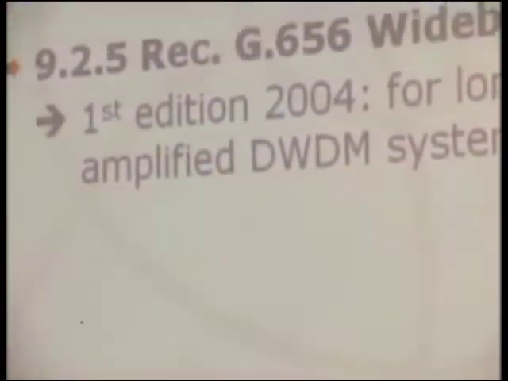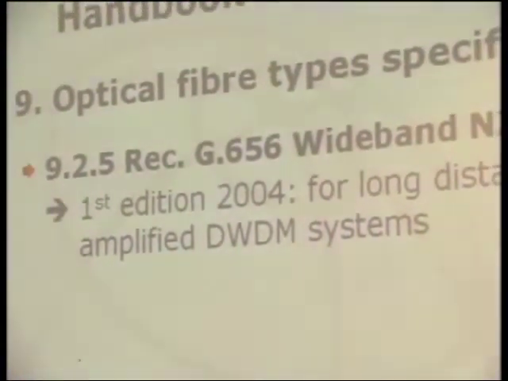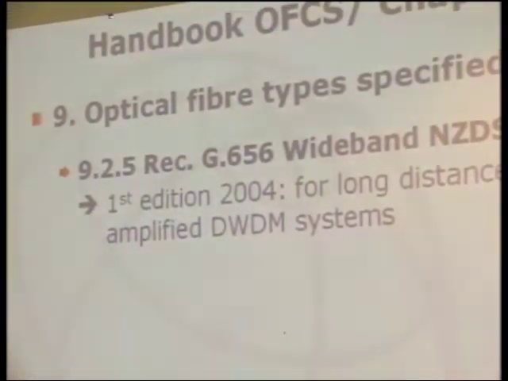Okay, then in 2004, so that was still the time that we had the simple box specification for 655 fibers, a discussion started that we would also need a wider range over the wavelengths, and that created this new fiber specification G656, which is called wideband NZ-DSF.